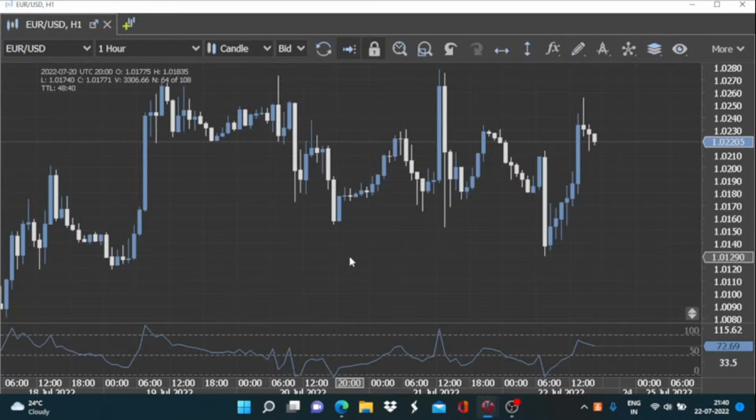So you can also use the same system to gauge the strength of the trend, and if we see the price action sustaining at those extreme levels above 100 or below 0 for a significant amount of time, then that is going to be a marker of the strength of the trend, and we can say that the strength is quite high for any particular trend, whether it is bullish or bearish, and we can try to ride that trend.